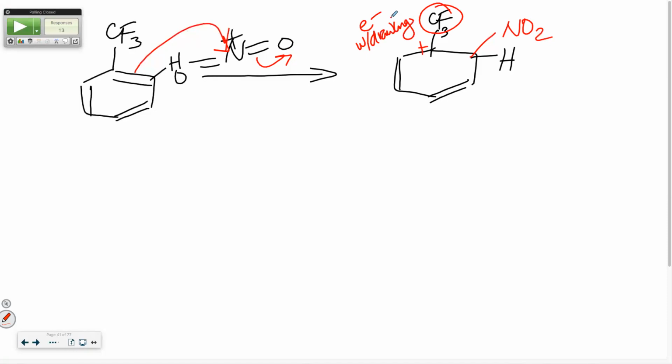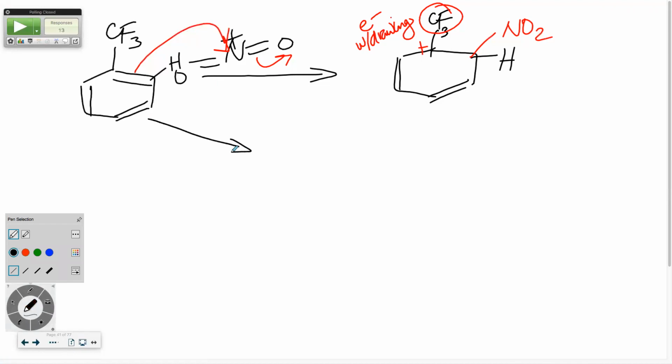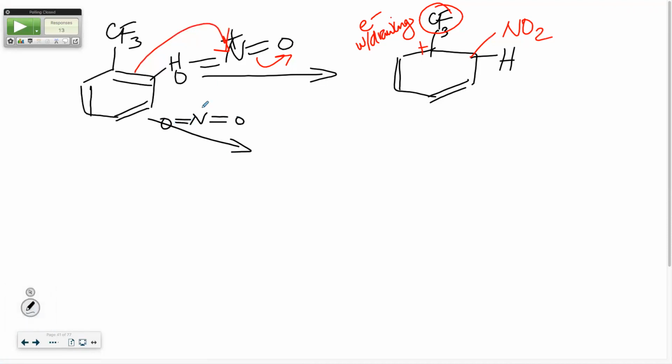So what does that do to that benzenonium ion? It makes it more stable or less stable? Less stable, okay? And that's less stable than it would be in benzene.